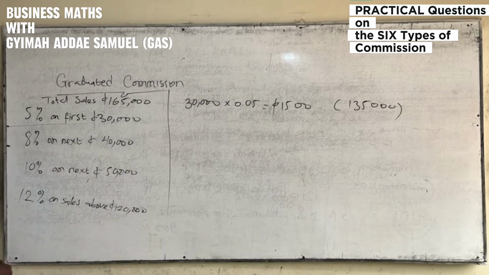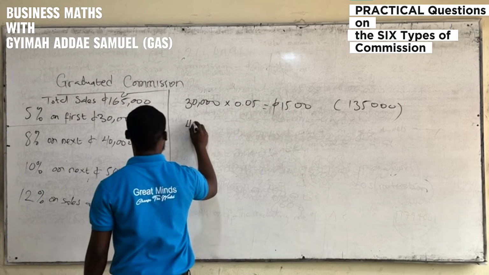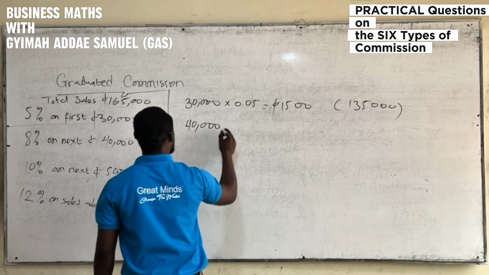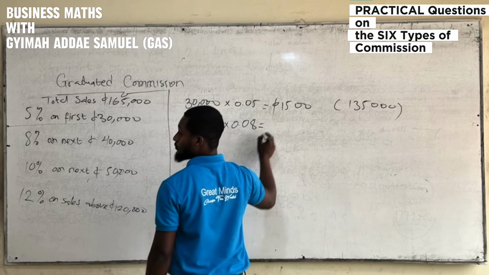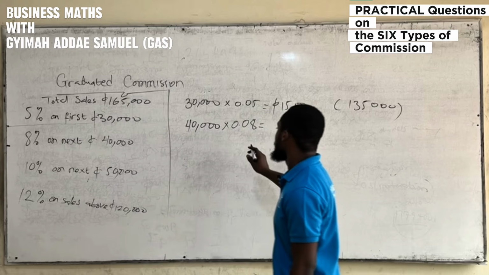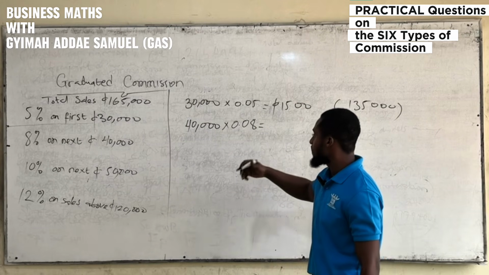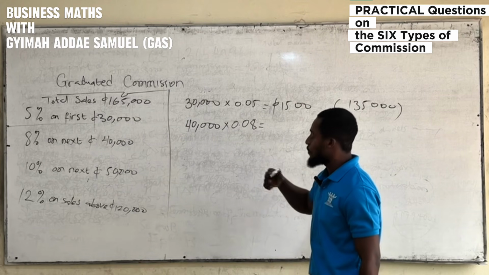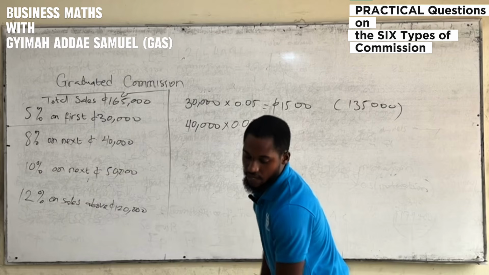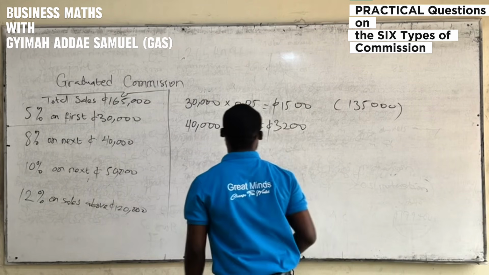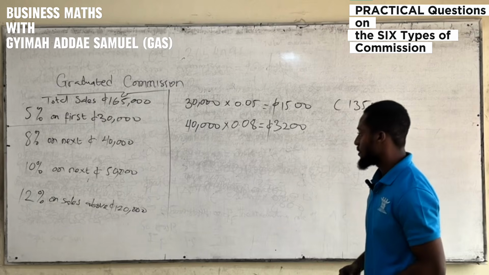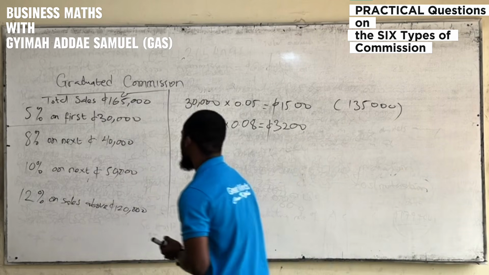So now we are eligible to find 8% on the next 40,000. Since we are eligible, we had 3,200 Ghana cedis.